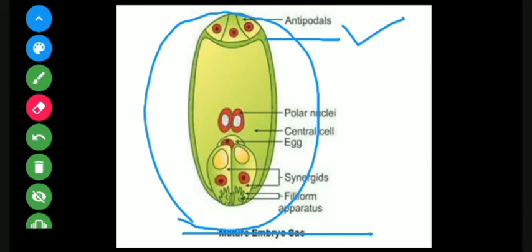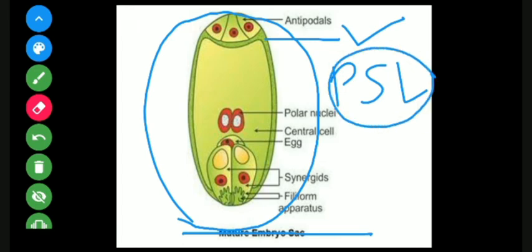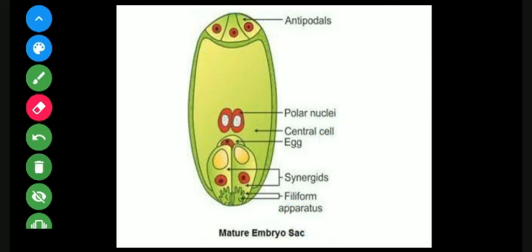Because whatever content is present in the antipodals, like protein, starch and even lipids, meaning fat, and starch-like carbohydrate, and even protein, all this content will be released from the antipodal cells for further development of the embryo and endosperm. That you have to remember.